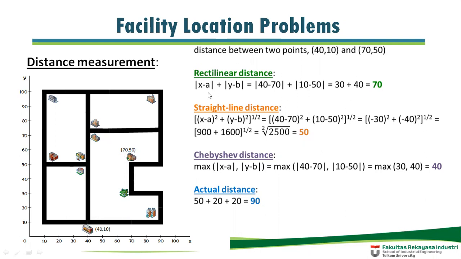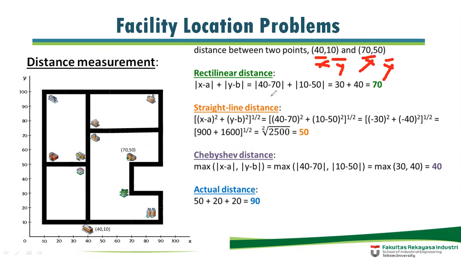So for x, just do some subtraction, x of A minus x of B, plus y of A minus y of B. Okay, so use 40, just group the axes first. This belongs to x, and this is for y. And then group it: 40 minus 70 plus 10 minus 50.